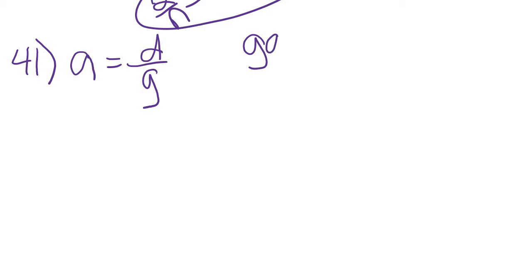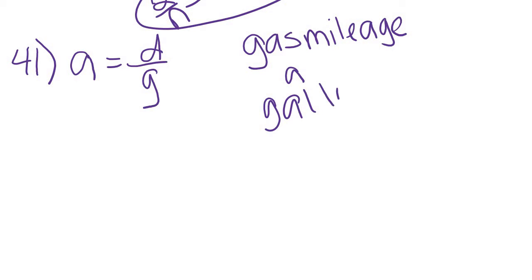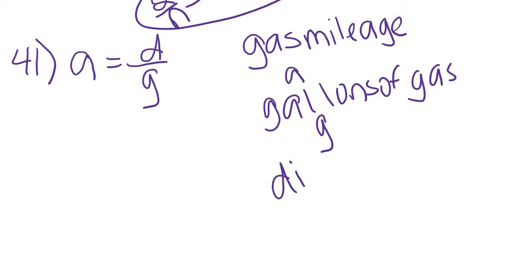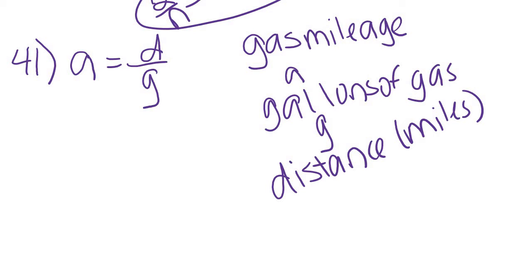Gas mileage is A. Gallons of gas is G. And distance in miles is D. And let's see which ones they give us here.